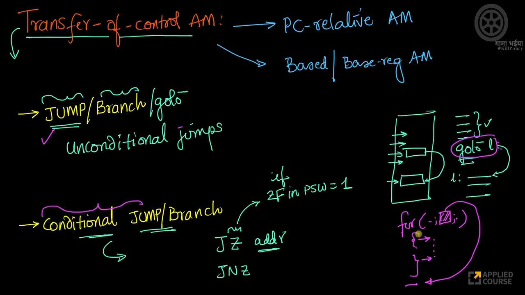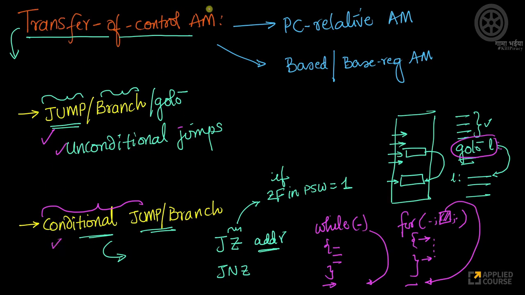Similarly, in a while loop, if the condition is true, then you execute the body. If it is false, you jump directly after these instructions. So broadly speaking, the transfer of control can happen using unconditional jumps or conditional jumps.